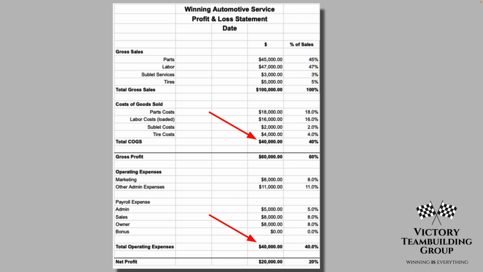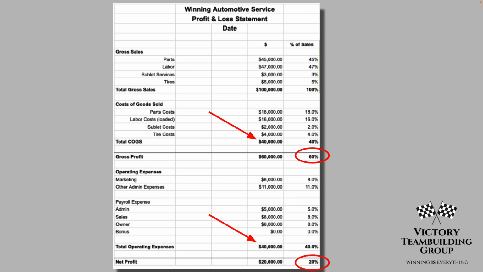That's 40% cost. And what you're left with is 60% gross profit margin. It's simply this: if you took your $100,000 sale minus your $40,000 cost, you have $60,000 left. That profit, $60,000, divided by the $100,000 sale, as in the example above, is 60%. It's going to give you 0.6.